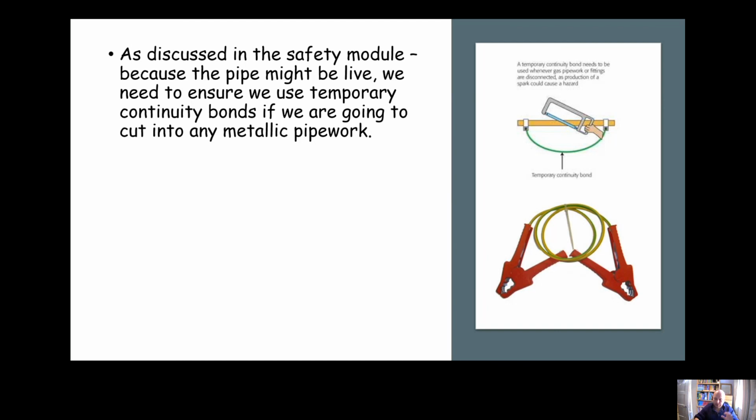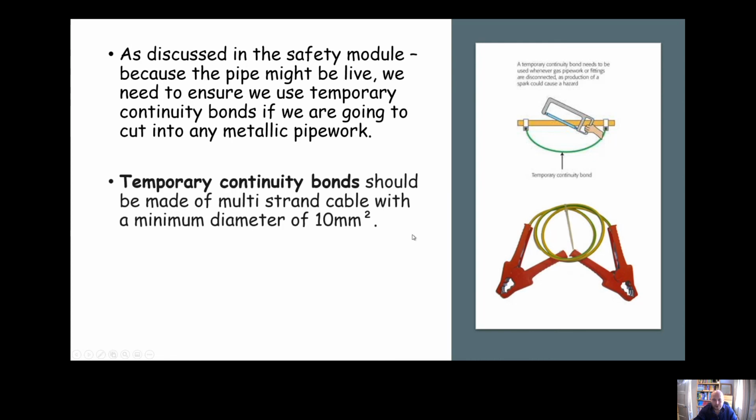If you then pick up both sides of the pipework to joint it, for example, the electricity will flow through you, and that could potentially be very dangerous. So what we should use is temporary continuity bonds, which would have a minimum of 10 mil diameter multi-core cable from one side to the other.